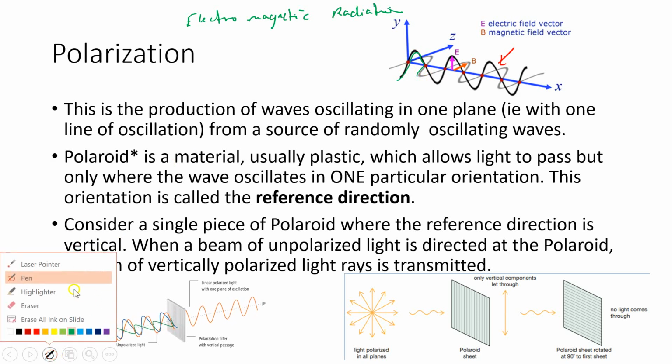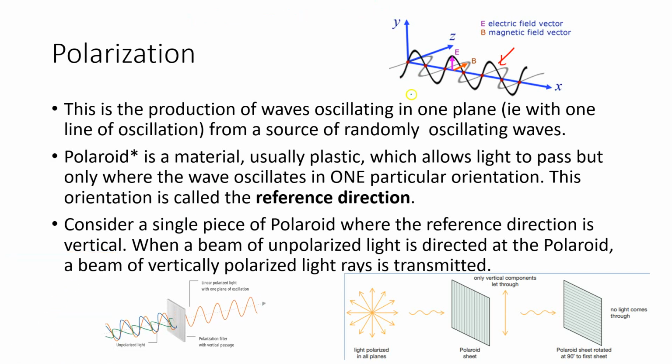So when it comes to polarizing light, what we're essentially doing is blocking out one of these waves. As you can imagine, here we have a slit, and we are taking what we call an unpolarized light.